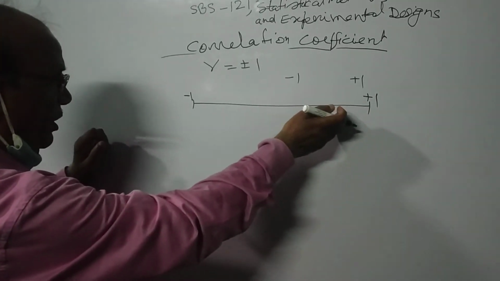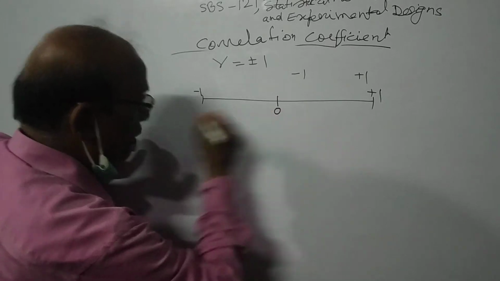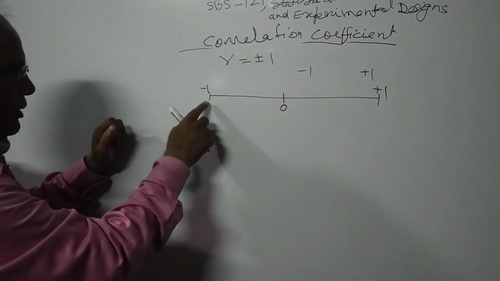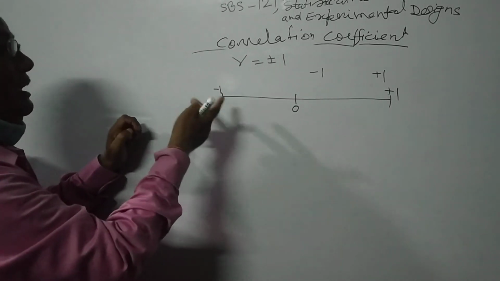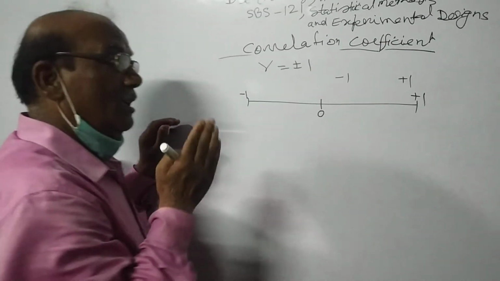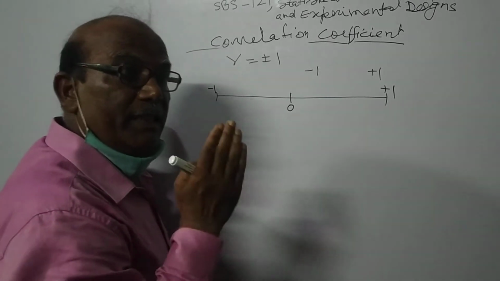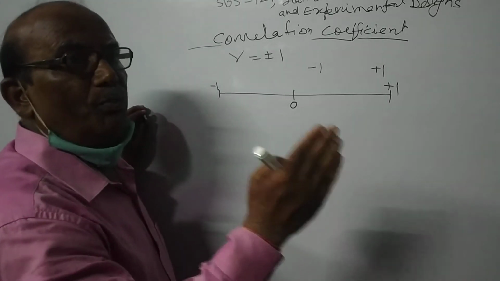If we reduce the value it reaches 0, and if we reduce further, it is not less than minus 1 or greater than plus 1. The correlation coefficient is restricted to minus 1 to plus 1.